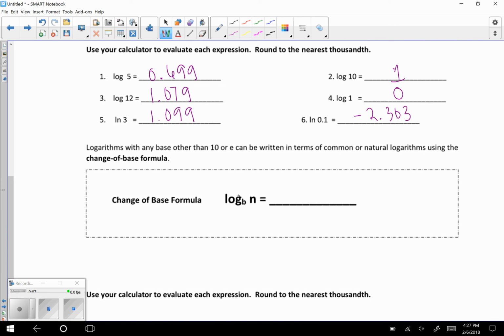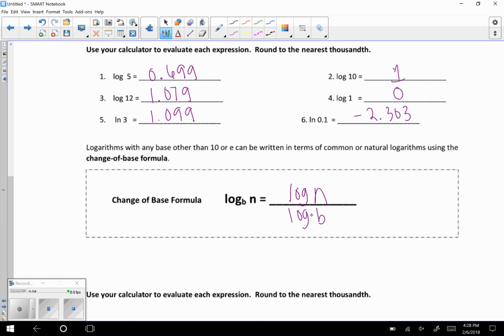The way the formula works, you have log base b of n. No matter what this base is, if the base is anything other than 10, we can use this formula. What you're going to do is log of the big number font-wise. This number is not necessarily going to be bigger than the base. It could be smaller. So I always say log of the big number font-wise over log of your base.